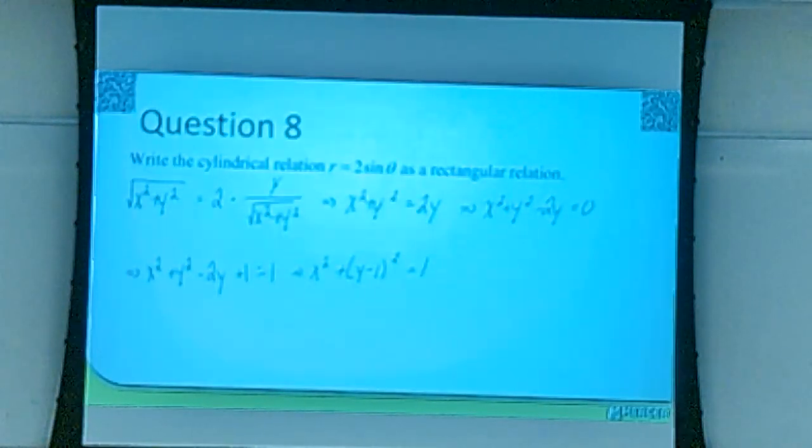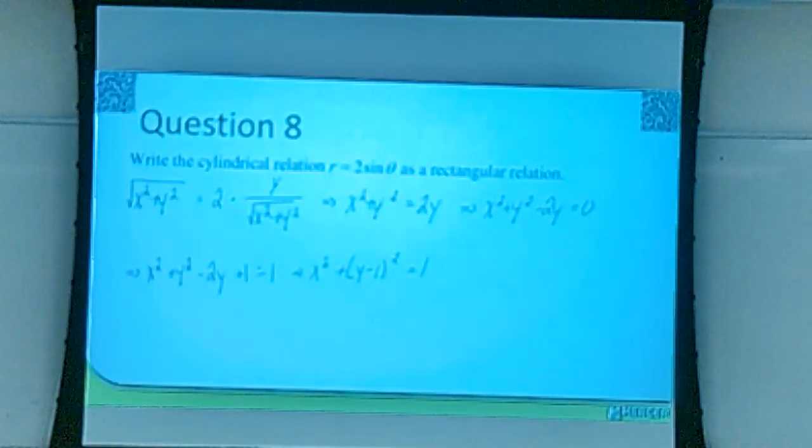Specifically, a right circular cylinder, whose cross sections are circles that are centered at the point 0, 1 on an xy plane. The xy plane itself is when z equals 0, and a cross section would be any plane parallel to the xy plane.